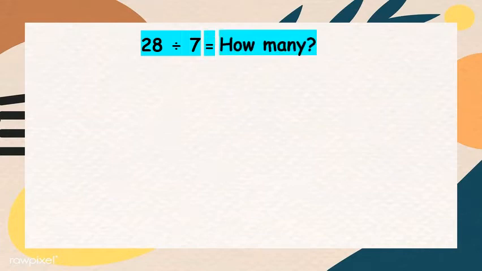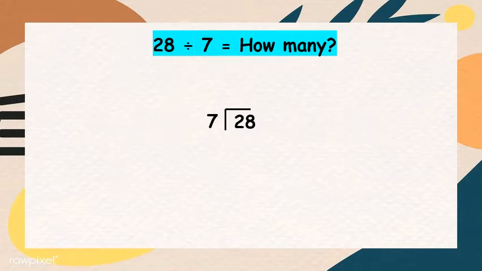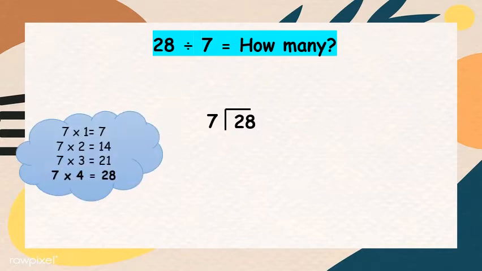So now, let us try 28 divided by 7 equals how many? So, 28 is the dividend and 7 is the divisor. Say the 7 times table up to 28.